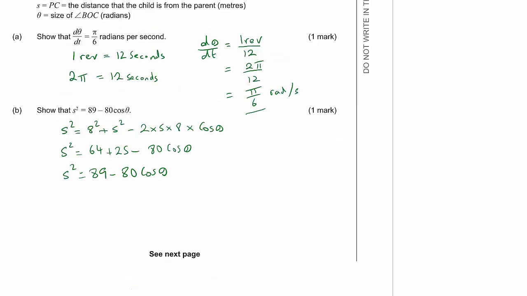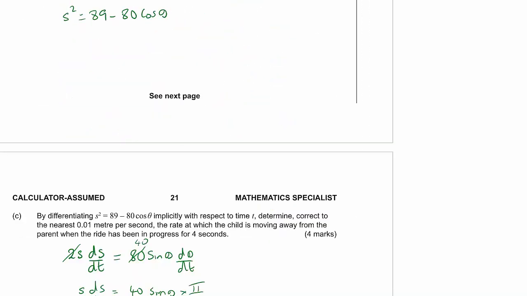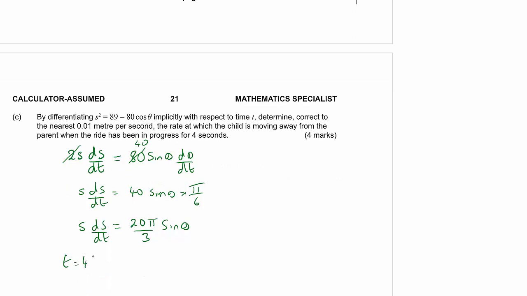Now, if the ride starts here, theta initially is 0. After 4 seconds, it will be 4 pi by 6, or 2 pi by 3. So when t equals 4, we have that theta is 2 pi by 3.